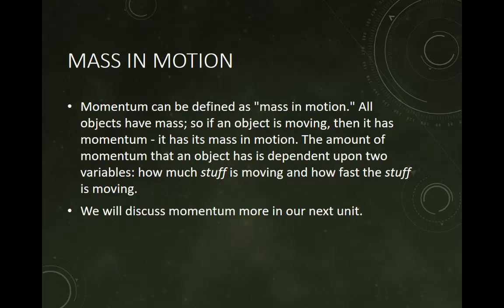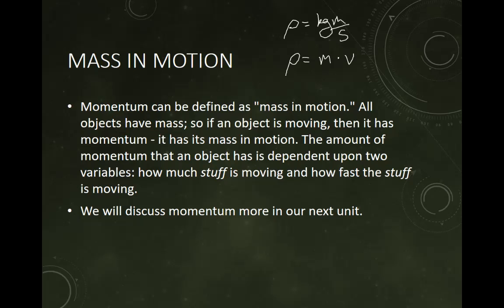And mathematically speaking, momentum, which we're going to represent here by rho, equals mass times velocity. The unit we're going to look at for momentum is mass in kilograms and velocity in meters per second.